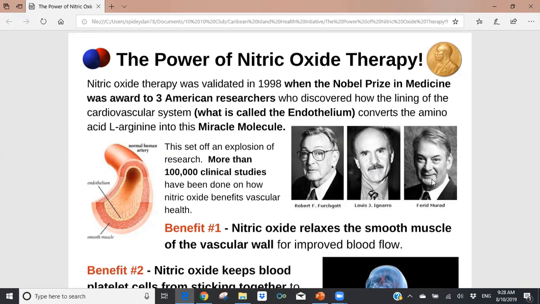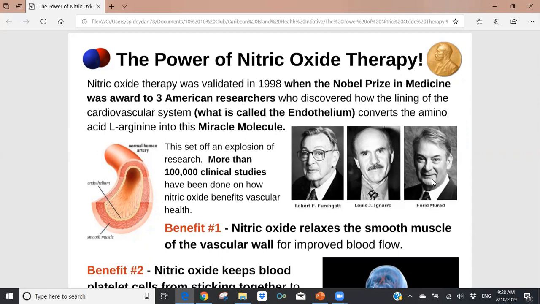There's more than 100,000 clinical studies on how nitric oxide benefits cardiovascular health, yet you have never heard of it. And I can't tell you why. I don't know why the medical community doesn't want you to know about this. And if it wasn't for manufacturers who've begun to understand the power of nitric oxide therapy to improve people's circulation, most people in America would never know anything about this.